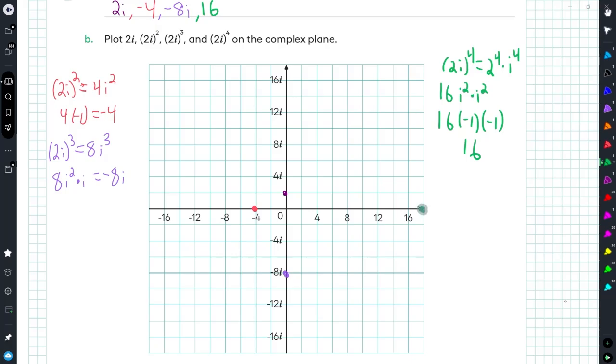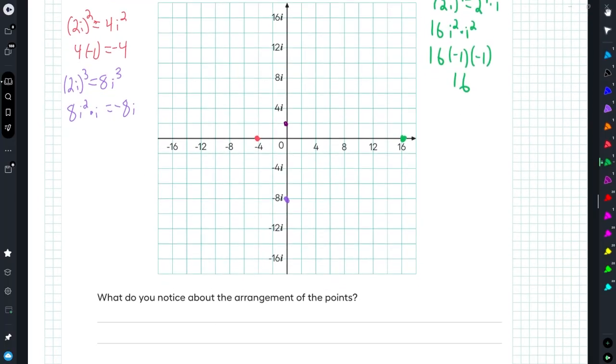What do you notice about the arrangements of these points? They're changing what number line we're on. Sometimes we're on the imaginary number line, up and down. Sometimes we're on the real number line, going left and right.